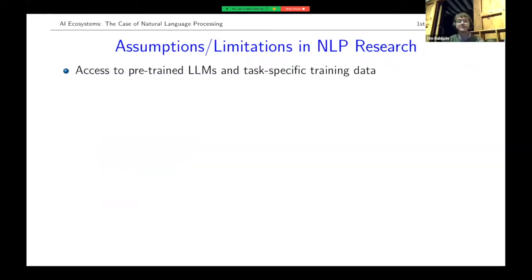So I'm possibly getting to the end of my time, but I want to spend a little bit of time talking about some of the limitations of current NLP research. It's certainly not the case that large language models solve everything, but because of this strong fixation on large language models, there's an assumption that's built into a lot of work nowadays that you can access a large language model for a particular language for a particular purpose and get task-specific training data.